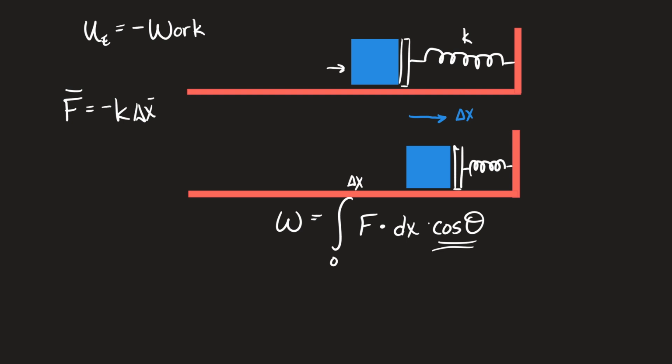And I'm going to drop in just the kx part, because the negative sign there is telling me that the spring is pushing to the left while I move the box to the right. That's what the negative tells me. But I already know that. I'm absorbing it into the cosine. Everybody good? So that means my integral from 0 to delta x of kx dx. That's how much work will be done compressing the spring.